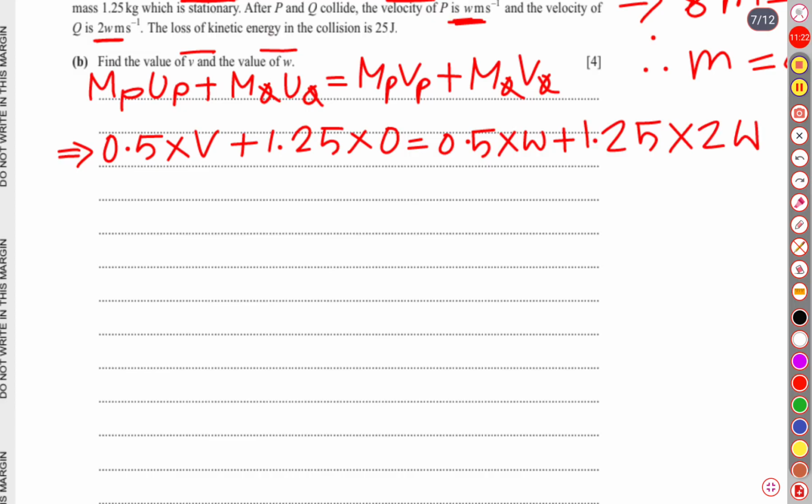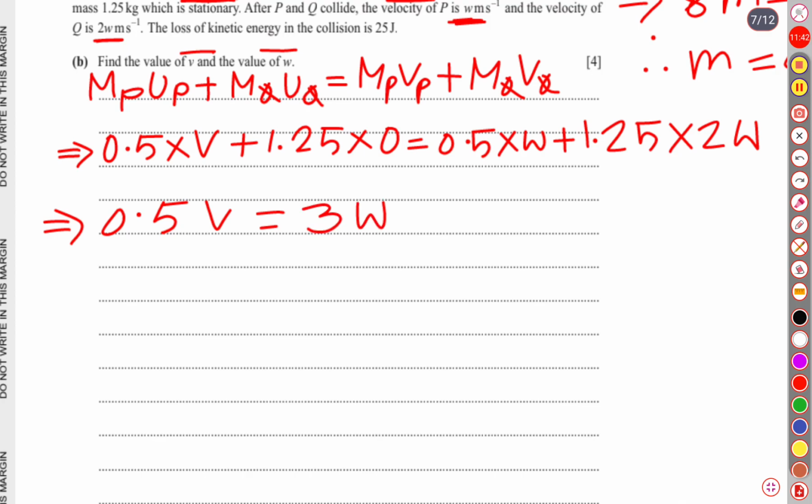Now if we simplify, it is going to be 0.5 v on the left side. On the right side it is, look at this, 0.5 w and 2 into 1.25, that is 2.5, so it is 3w.